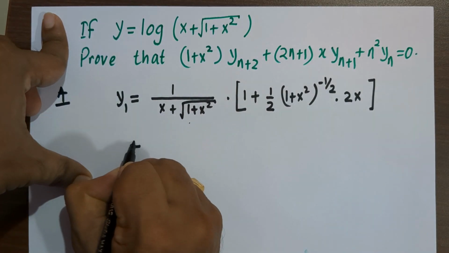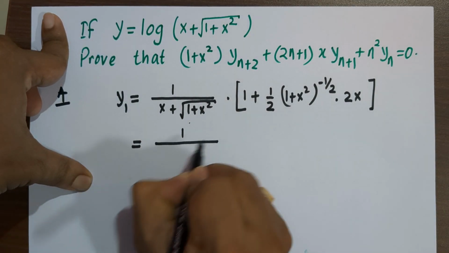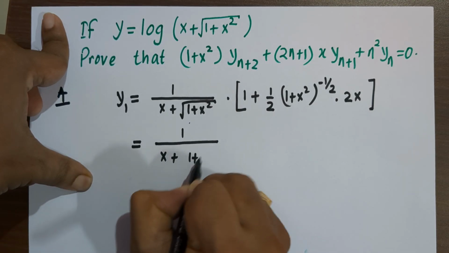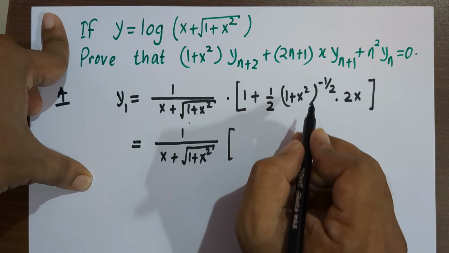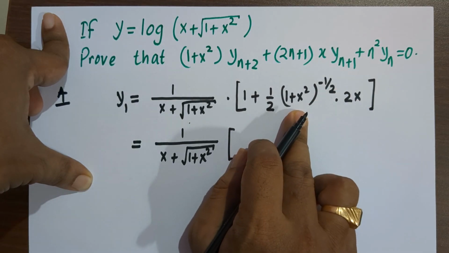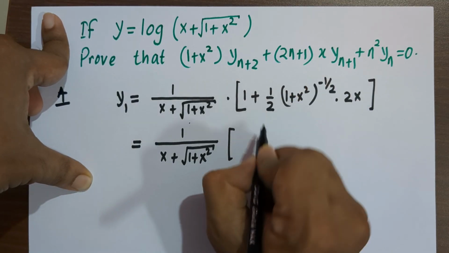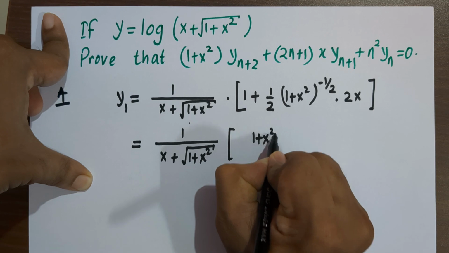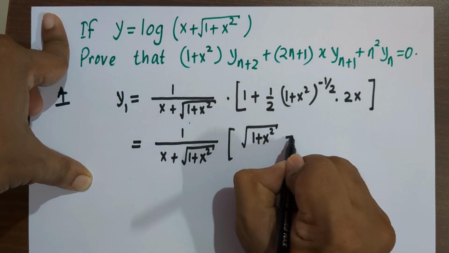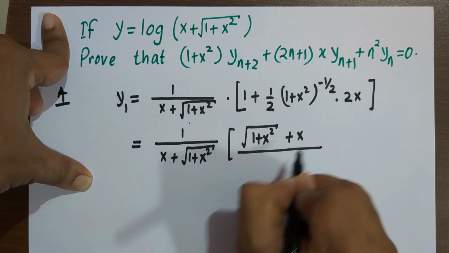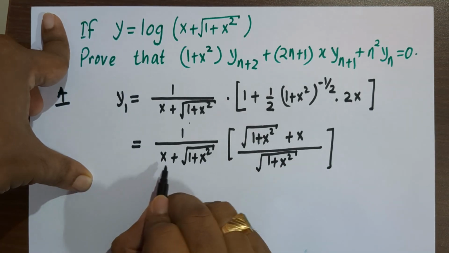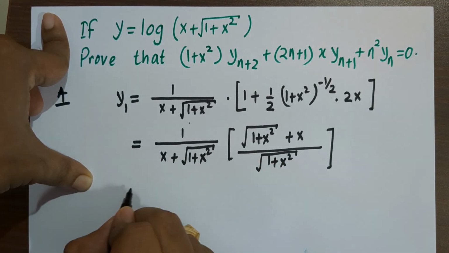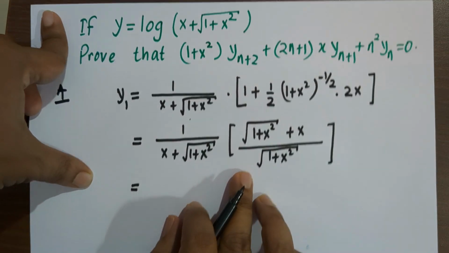Let's simplify this one. Here we have 1 plus x over square root of 1 plus x squared, and 2 gets cancelled. Since 1 plus x squared is in the bottom under the square root, it will be 1 over square root of (1 plus x squared) plus x over square root of (1 plus x squared). So the numerator is the same as the denominator's first factor, and they are multiplied, so we can cancel them.